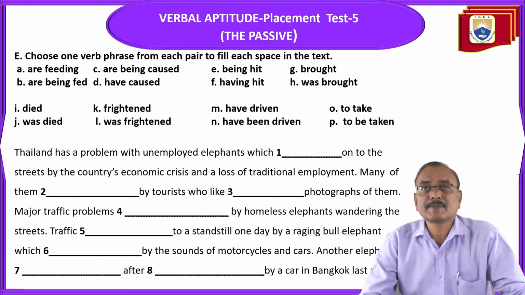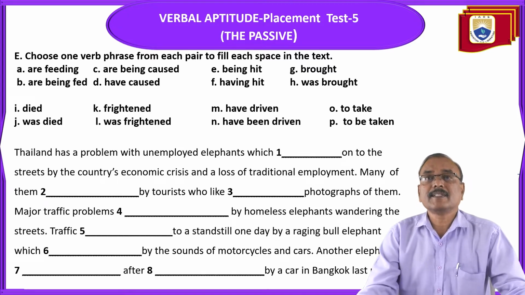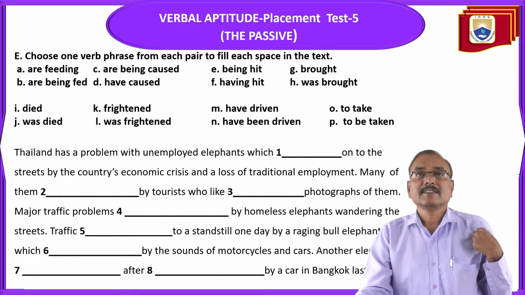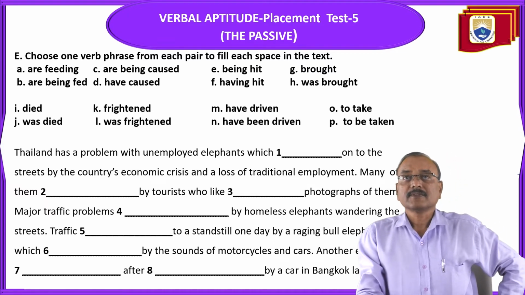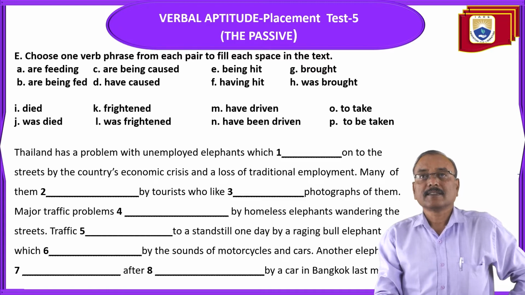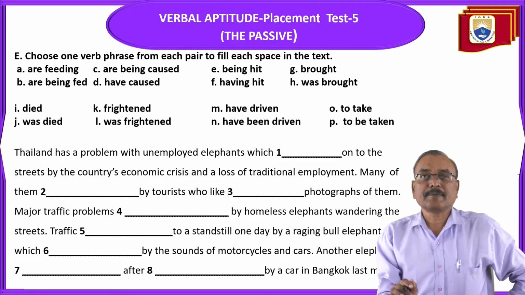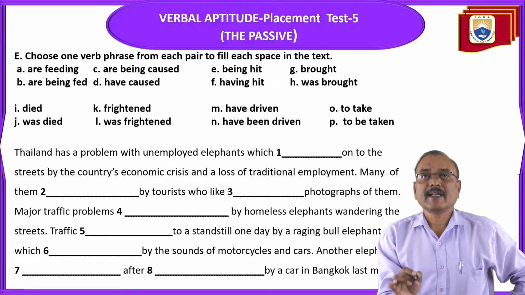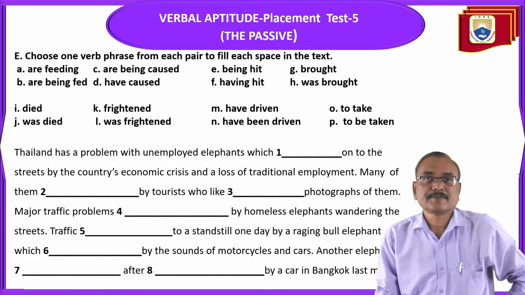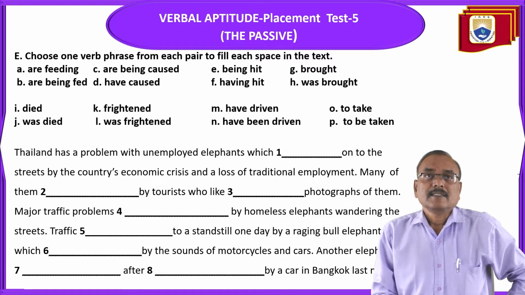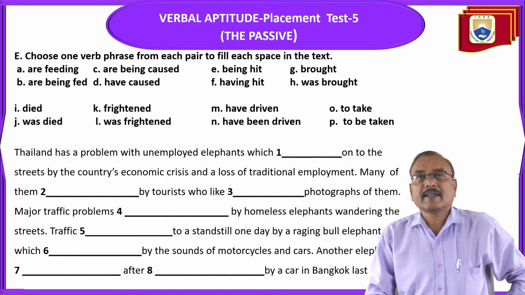So from these options, we have to fill these blanks. There are 8 pairs in the list here. Is it clear? Out of these 8 pairs, select the right option in the blanks. Read the paragraph.